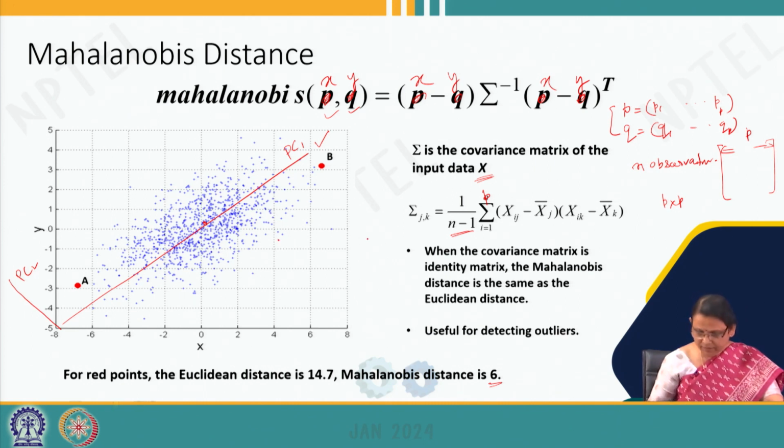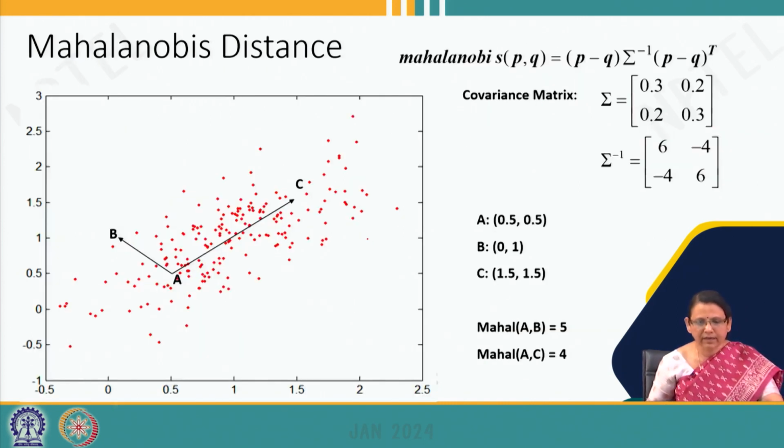Now, moving ahead, look at this, we have these 3 points A, B and C. Let us see how this computation is happening. Let us say from this data, this is the covariance matrix. How do we get this covariance matrix?